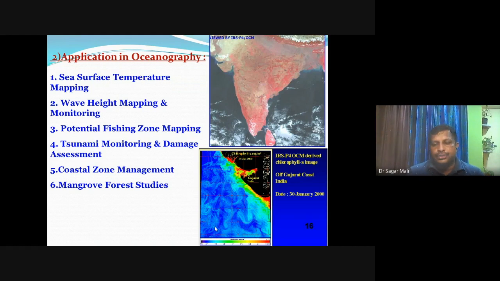Study of the mangroves, because mangroves are a natural shield to prevent tsunamis. But nowadays, due to anthropogenic activities and marine pollution, there is continuous damage occurring to the mangrove forests.